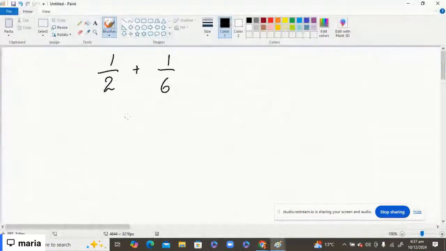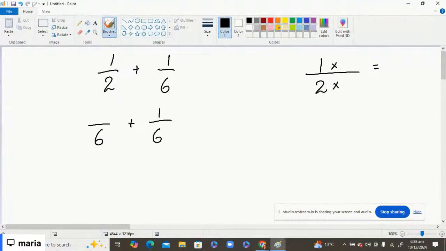So we are going to put 1 by 6 in the denominator here, and here is 1 by 2. The denominator becomes 6, because 6 is the greater one. So we are going to make both these denominators equal. How can they become equal? By multiplying 2 with which number?